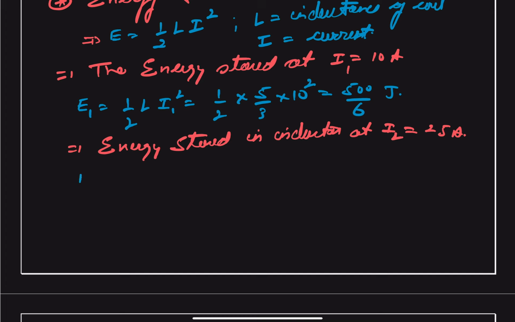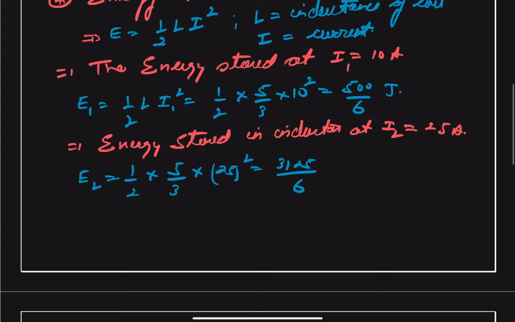So we can write our E2 will be equal to half, the value of inductor is 5/3, and this is 25 whole square, and this will be coming close to 3125 divided by 6.